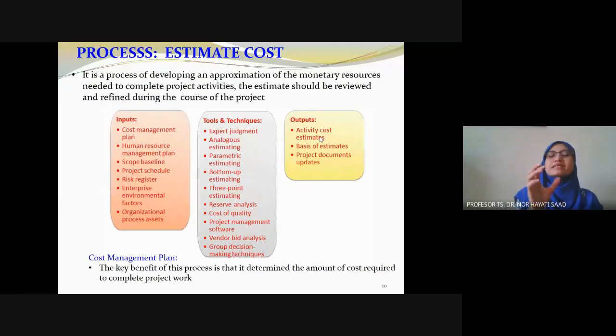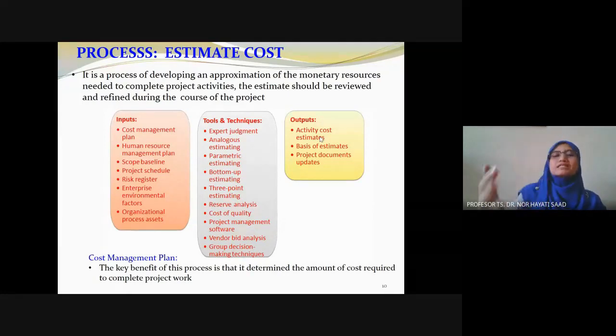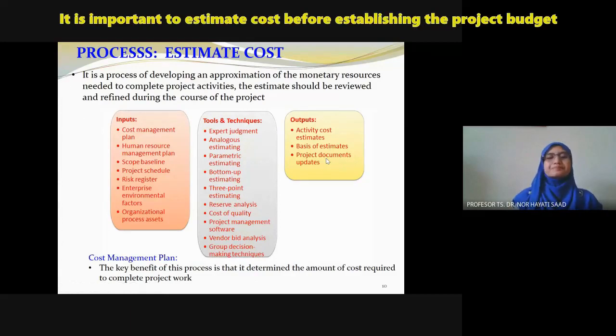By having the cost baseline, it gives an indicator of how much profit you will get, or whether the project will come close to, go beyond, or stay under the cost baseline. So that again, the output: activity cost estimate, basis of estimate, and we need to update the project documents.